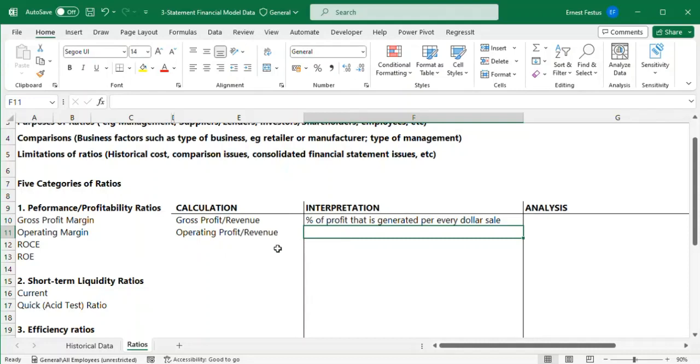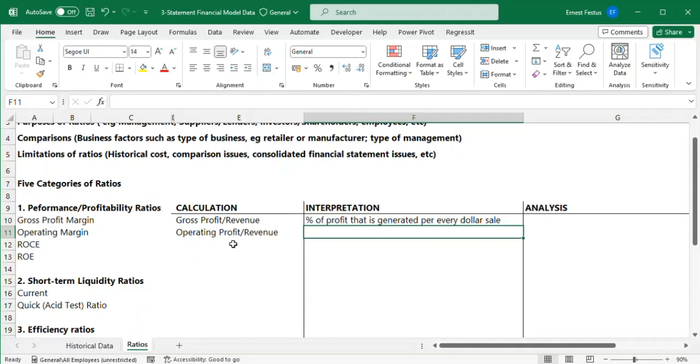We have already talked about revenue, so let's look at operating profit. Operating profit is the gross profit less your indirect costs, or indirect overheads.